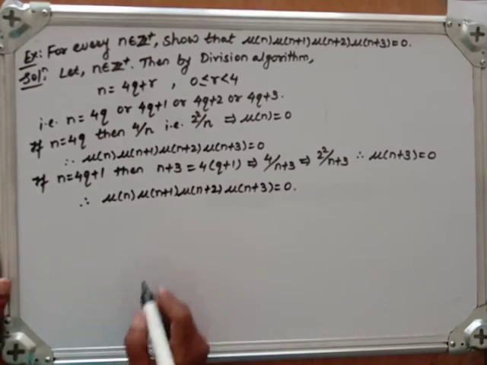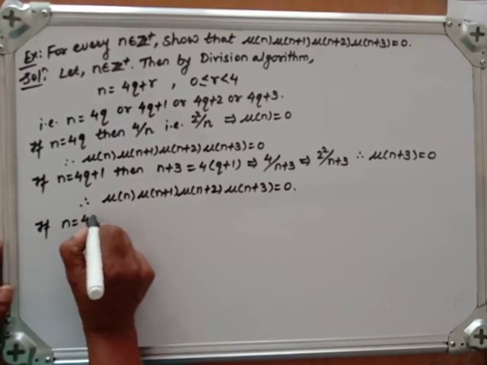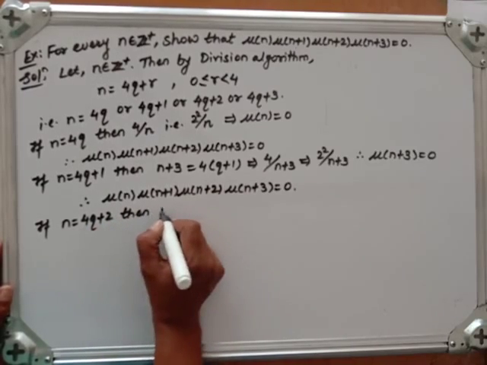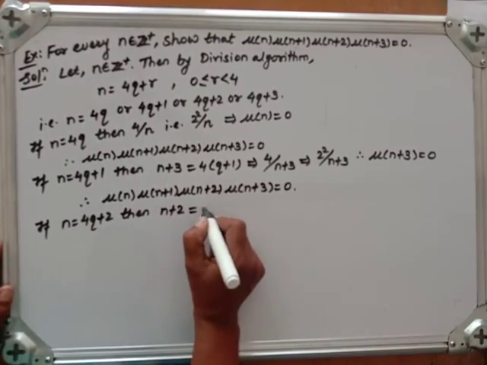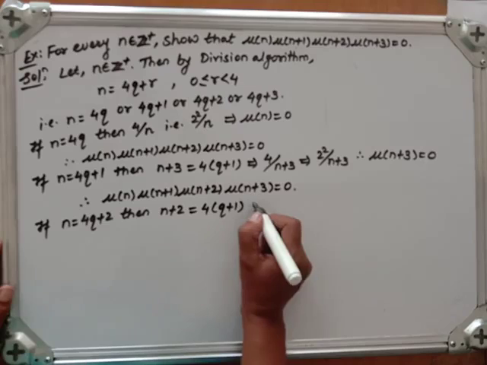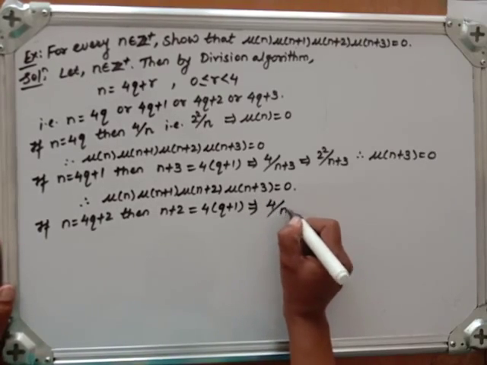Then next, if n is equal to 4q plus 2, then n plus 2 is 4 into q plus 1 again. So this is again 4 divides n plus 2.